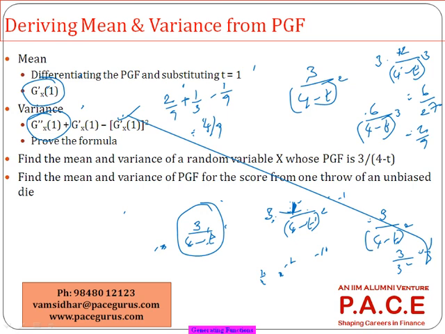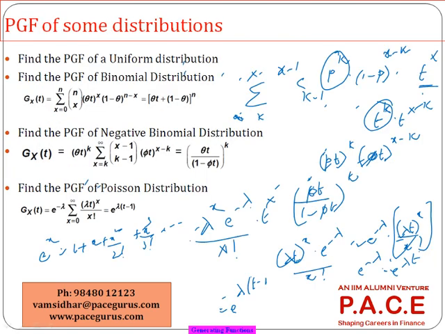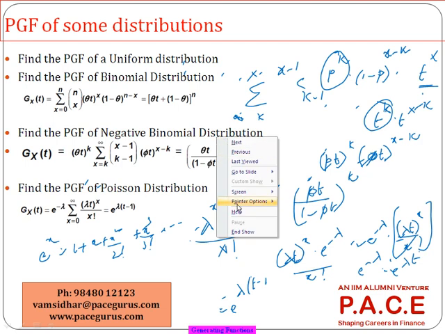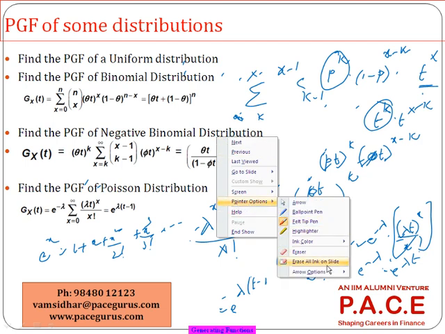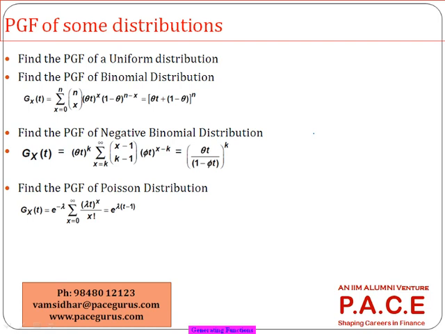So once a PGF is given to us, or probably go back to your binomial distribution. Once a PGF is available to us, if I go back and try to apply it on the binomial or Poisson, let's apply. So we know that the probability generating function is e power lambda into t minus 1, right?